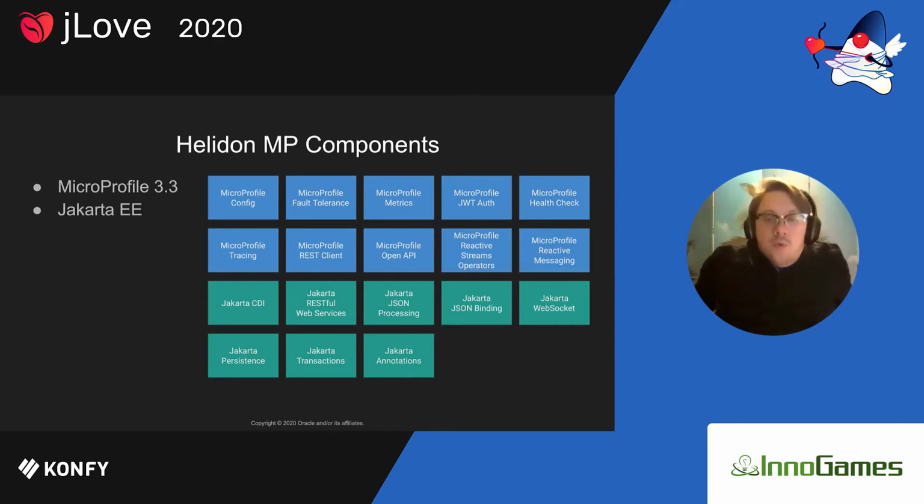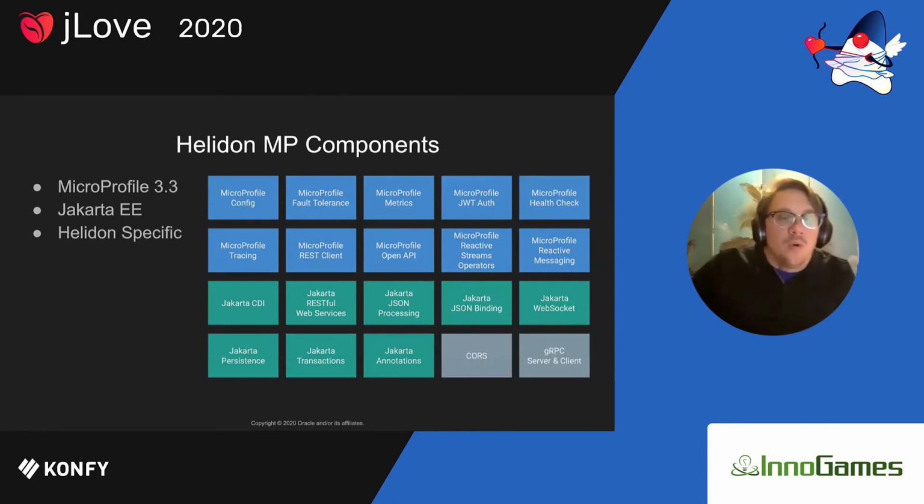So we are giving you a little bit more than just MicroProfile, which helps you a lot in development, believe me. And even more after that, we provide some Helidon specific features, which are very much required by the industry right now, which is CORS and gRPC, both client and server.